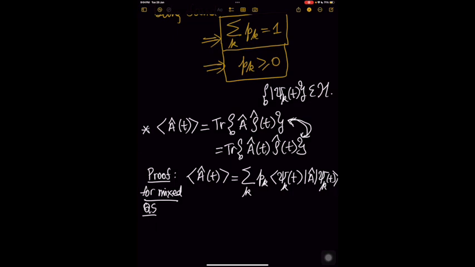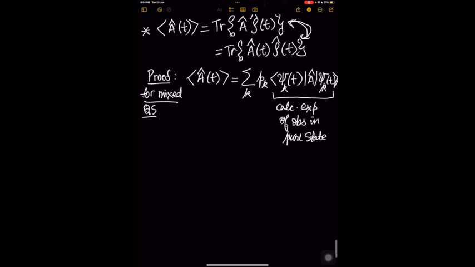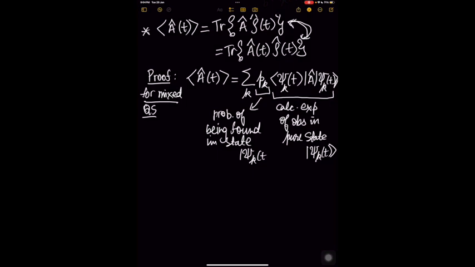So you're calculating the expectation of the observable in pure state psi k, and multiplying it with the probability of being found in state psi k t.